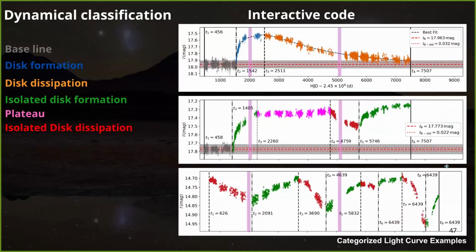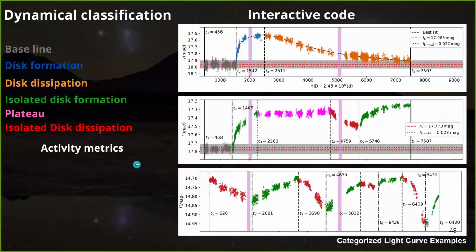In the last case, we see a light curve that has no baseline, so we just see the star turning the mass loss process on and off. And based on those categories, we can establish some activity metrics.